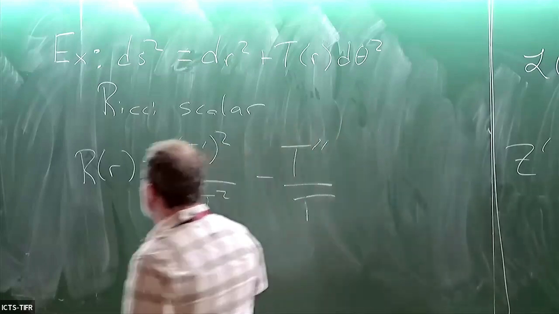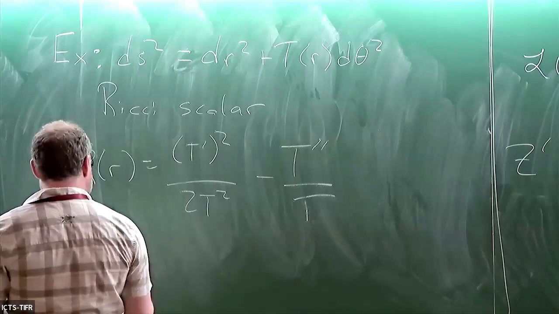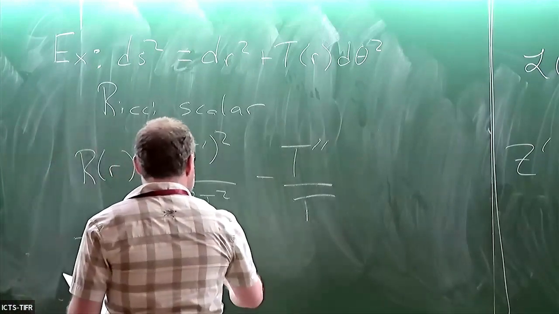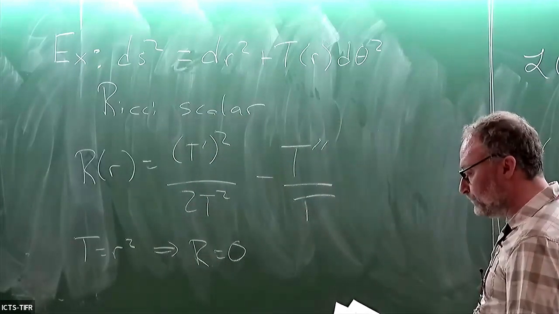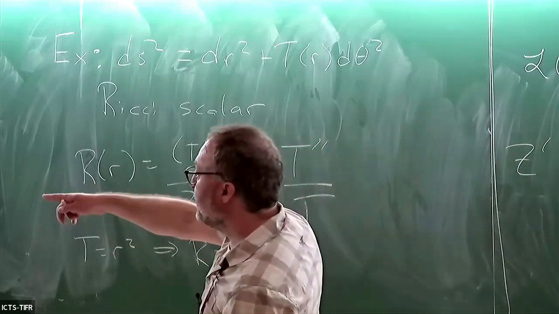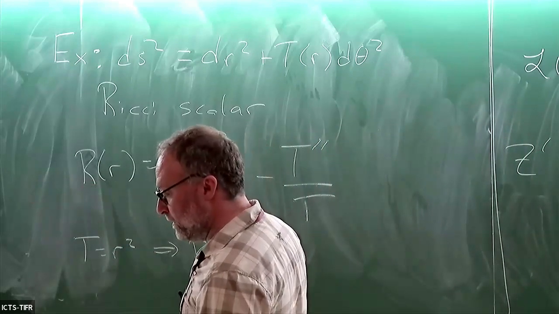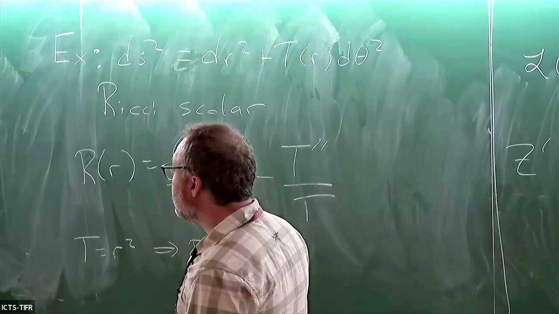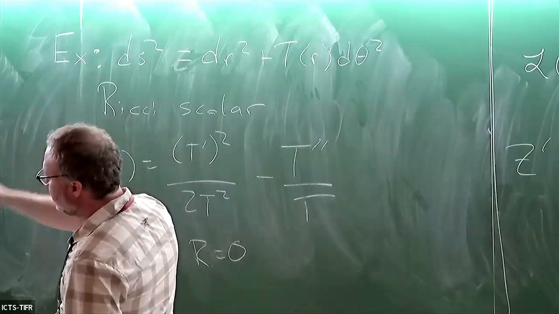So then we can check our two cases. In flat space we had T equals r squared, and this gives us the Ricci scalar R equals 0, and there are no physical singularities. You can check if you plug in the other T. But if we have instead, sorry, I said that wrong.